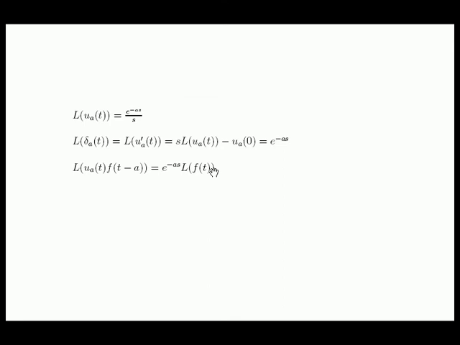So you just take the inverse Laplace transform of this, and that gives you your g, and then you just have u sub a of t times g of t minus a. So if you know how to take the inverse transform of a function, then putting e to the minus as in front of it just adds u sub a of t times, and changes the t to t minus a.